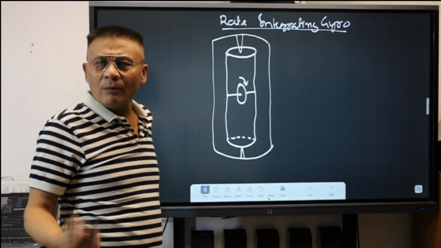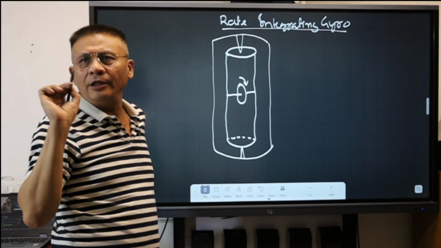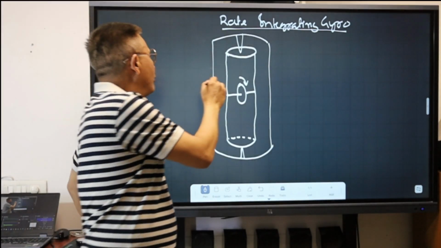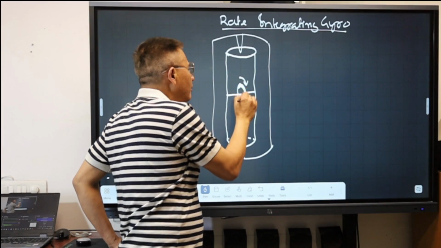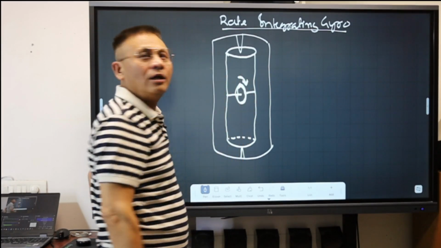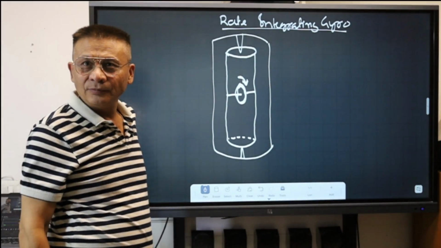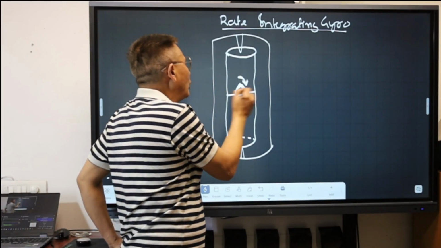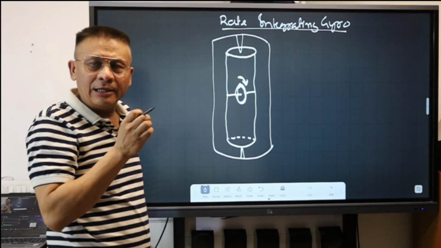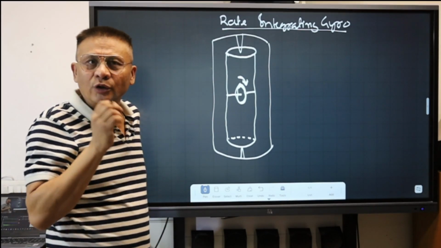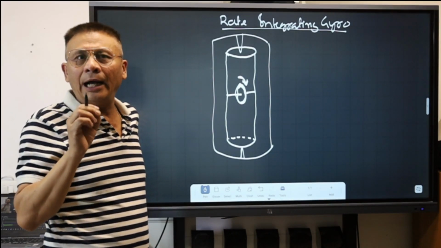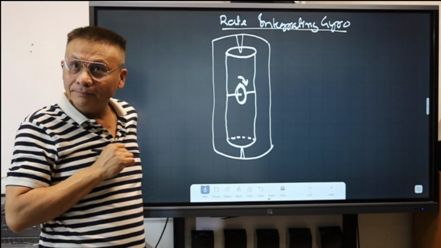So now we will talk about the simple rate integrating gyro, wherein there is a gyroscope here, and let's say that this is the spin direction of the rotor. This is mounted on a can, so the can is directly in touch with the rotor axis, so therefore this can will act like a gimbal, and that too an inner gimbal.